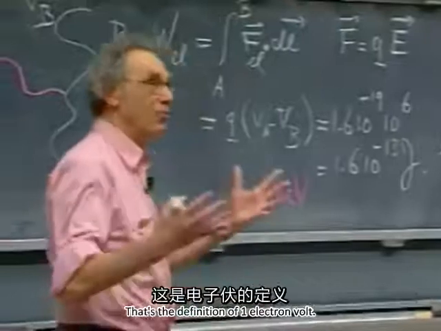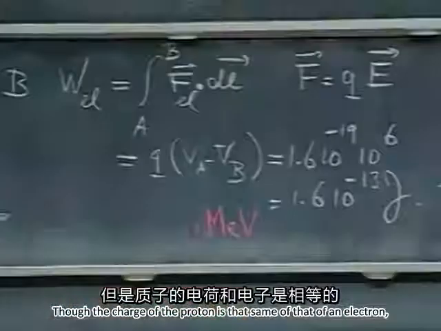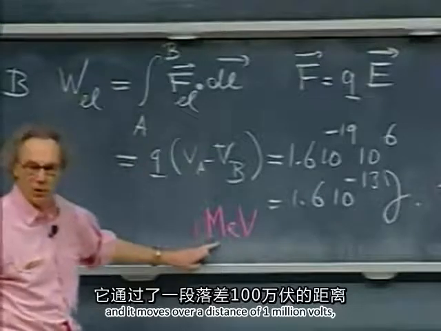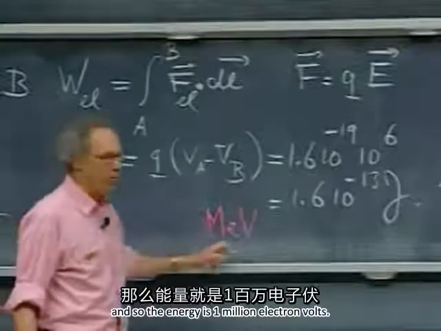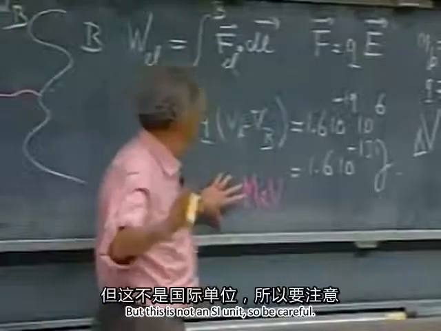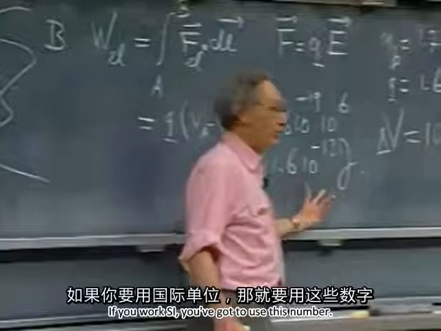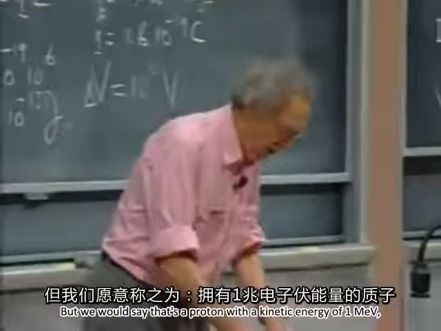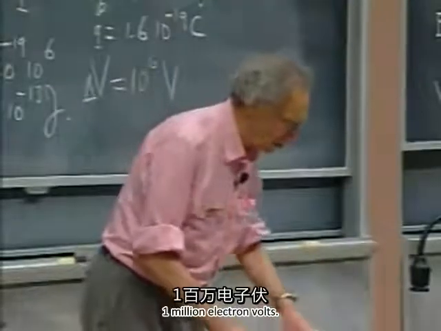That's the definition of 1 electron volt. Well, the charge of the proton is the same as that of an electron, and it moves over a potential difference of 1,000,000 volts. And so the energy is 1,000,000 electron volts. But this is not an SI unit. So be careful. If you work in SI, you've got to use this number. But we would say that's a proton with a kinetic energy of 1 MeV, 1,000,000 electron volts.